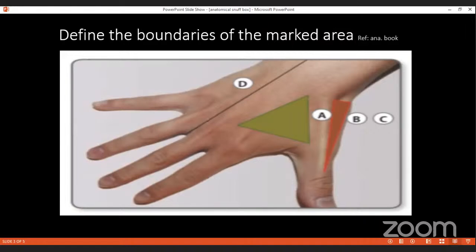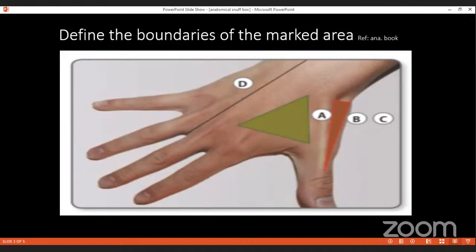A represents the tendon of extensor pollicis longus, and B represents two tendons, abductor pollicis longus and extensor pollicis brevis, with extensor pollicis brevis being on the other side. Yes. Okay. B is extensor pollicis brevis, and C is abductor pollicis longus.